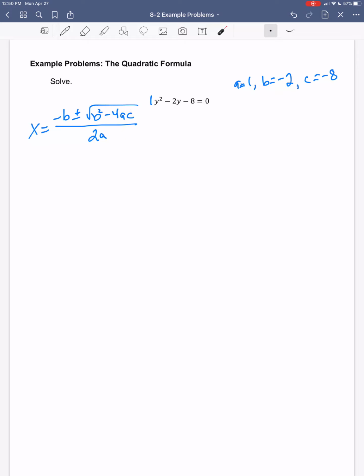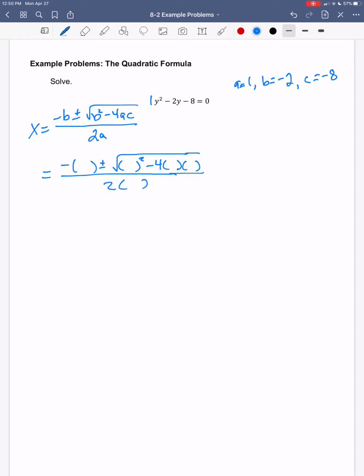One way to avoid that is to rewrite this formula, but instead of every a, b, or c, write a set of parentheses. So I got my fraction bar, negative b, so parentheses, plus or minus the square root b squared minus 4 times a times c all over 2a.